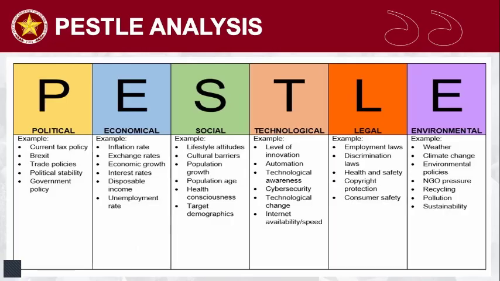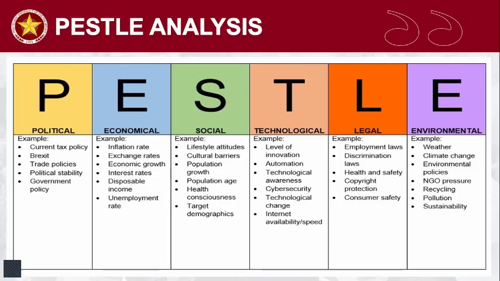Then for economic, we have inflation rate, exchange rate, economic growth, interest rates, disposable income, unemployment rate. And for social, we have the lifestyle, the attitudes, cultural barriers, population growth, population age, health consciousness, and the target demographics. Something to do with social or the society and people.